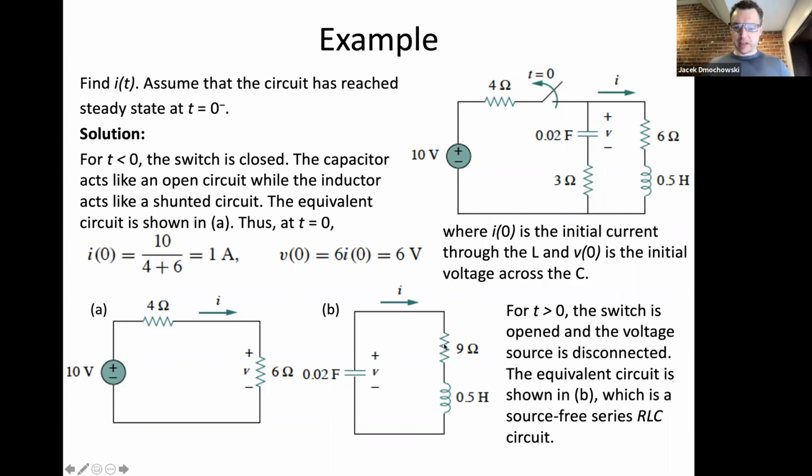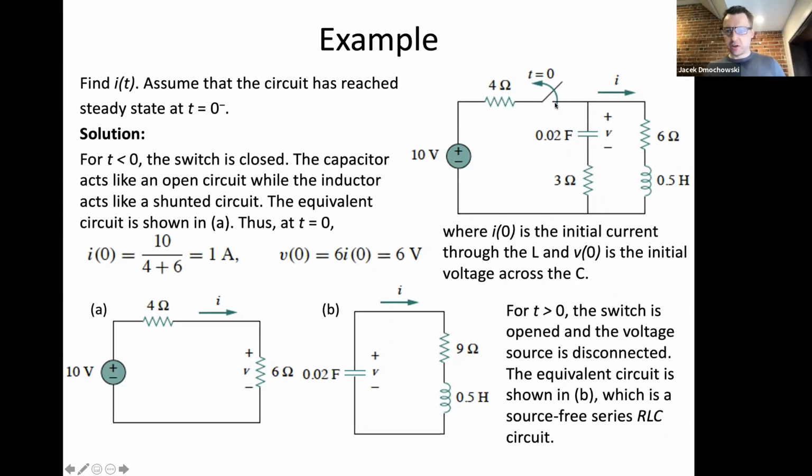But now we have this canonical RLC circuit, right? And the reason we can do this here, and we could not have done it in the original circuit with the switch closed, is because now they are in series, because all that's remaining in the circuit is this mesh. Whereas before, we had the battery and the 4 ohm resistor, and they weren't in series.